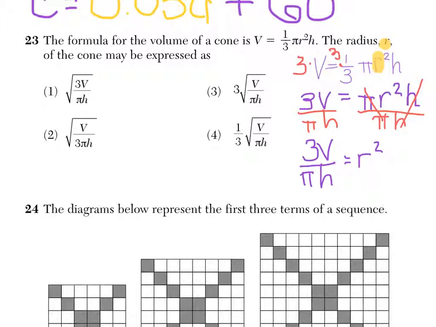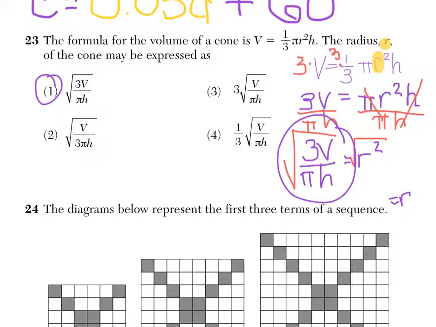And lastly, how do we cancel out squaring? We take the square root of the entire side, leaving us with r equaling this, which is answer choice 1.